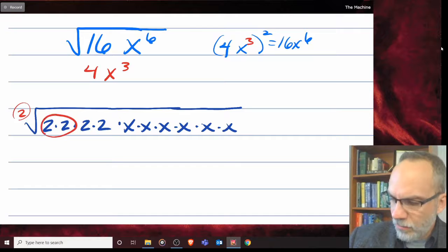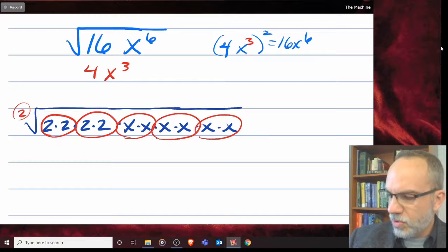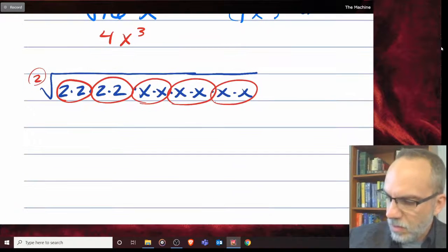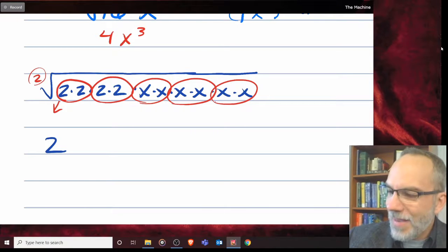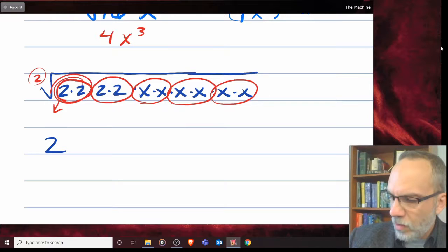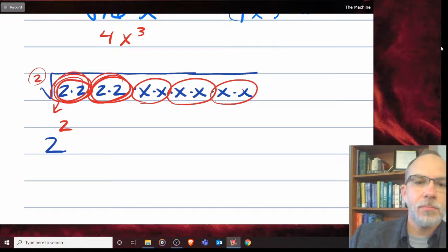So here's a group of 2. Here's also another group of 2. And then here's a group of 2, and then here's a group of 2. So everything's in a group of 2. And so my base that comes out here is going to be 2 as the base when it simplifies. Now, how many groups of 2 do I have? Do you see I've got one group, I've got 2 groups, and so that's my exponent that comes out.